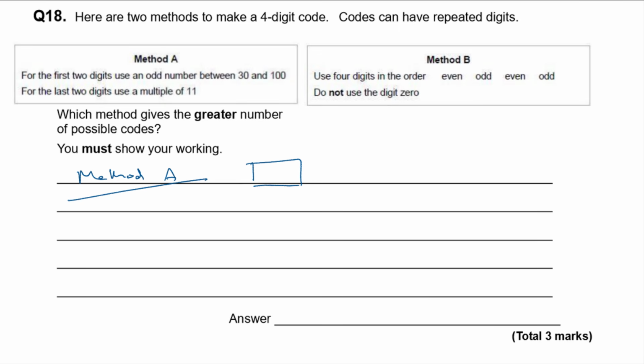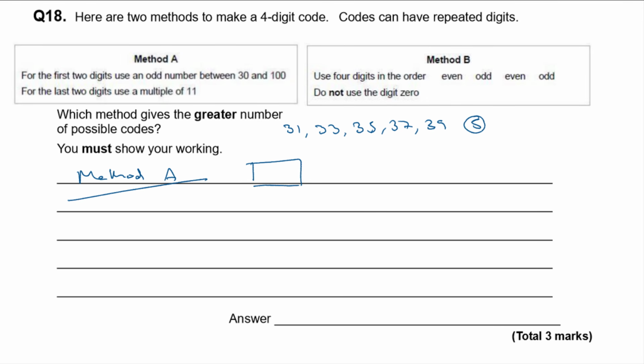Well, the first odd number is 31, then I've got 33, 35, 37 and 39. So I've got 5 between 30 and 39. So I'm going to have another 5 between 40 and 49, another 5 between 50 and 59, and so on.